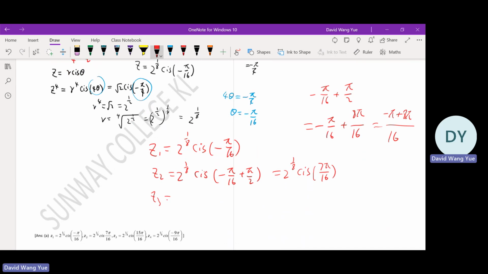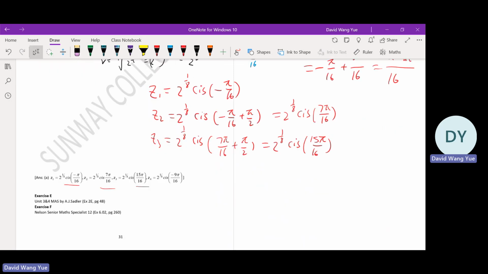So Z3 is 7 pi over 16 plus another pi over 2, 2 to the 1 over 8 cis, this time 15 pi over 16, still less than pi. So we have the first root, second root, third root. But if I add another pi over 2, that would definitely be more than pi.